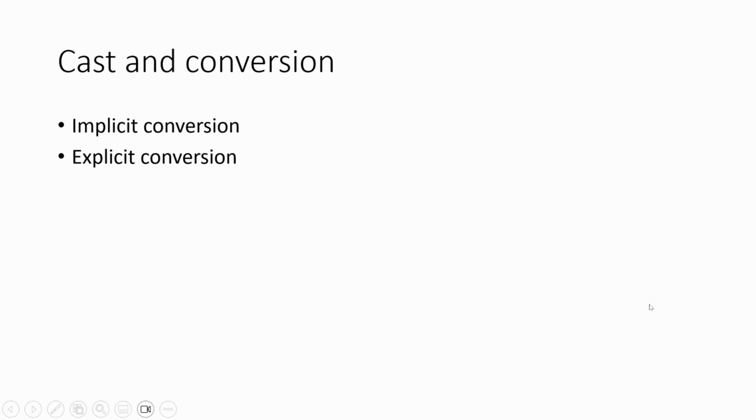Okay, so the last topic I want to cover has to do with cast and conversion. Casting something or converting something, they're kind of similar. There are two types of it: implicit conversion and explicit conversion, and all of these have to do with data types: int, float, double, character.